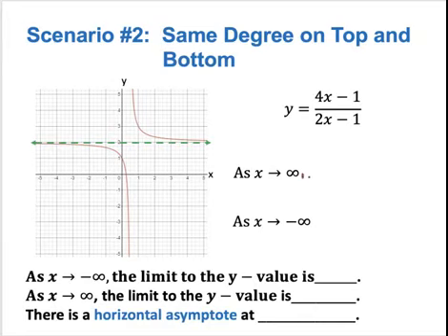So as x approaches infinity, f of x approaches 2. And then as x approaches negative infinity, notice that f of x is approaching 2 on that side as well.